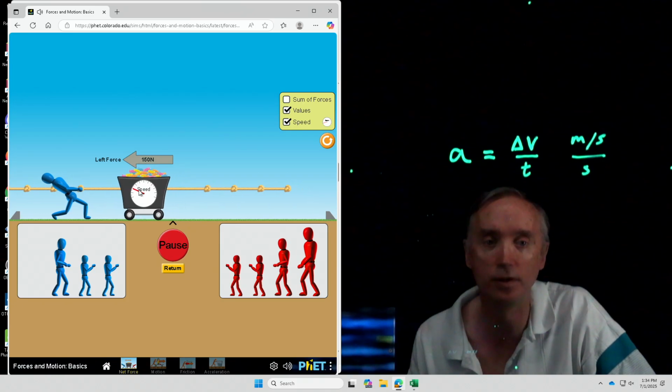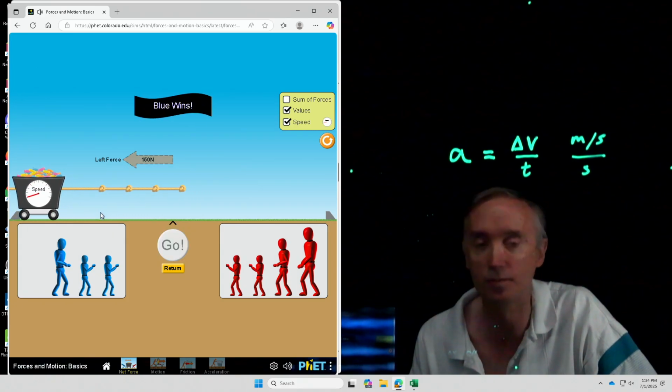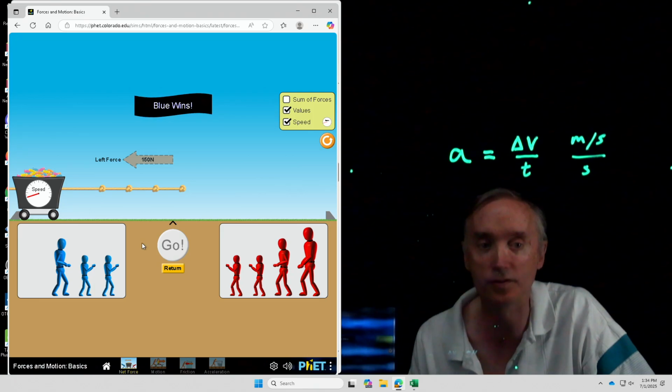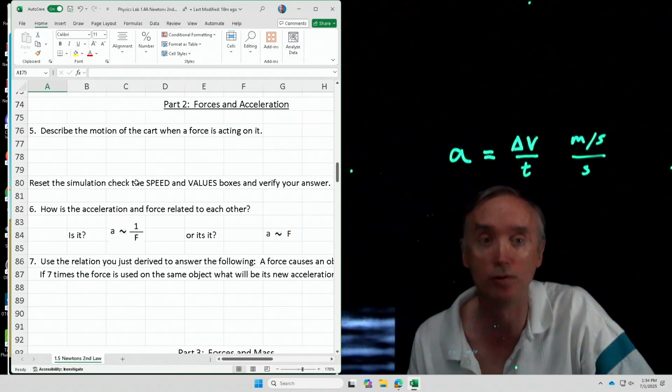What I want you to be noticing is, do you see the readout on the speedometer? Based on what that needle was doing, you should be able to figure out the correct way of describing the motion of the object.